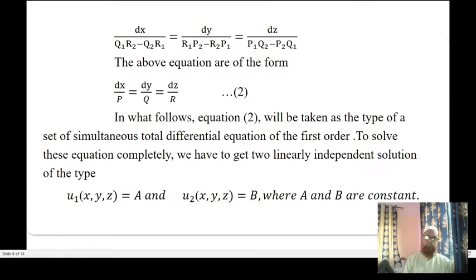So, equivalent, both are simultaneous total differential equations. Generally we use this form, that is dx by p equal to dy by q equal to dz by r, as a simultaneous total differential equation.